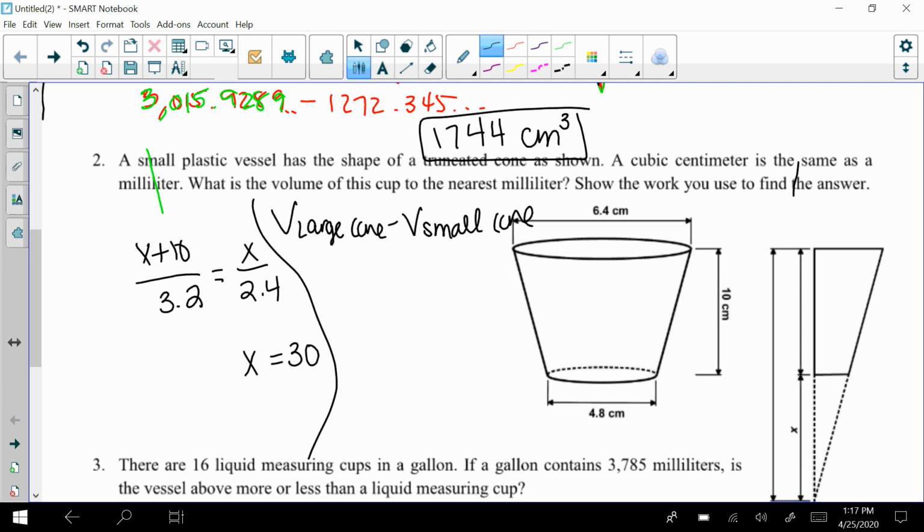And that should be 1/3. 40 is the height of the big one. 130. So this should have been about 428 when you got the volume of the big one.